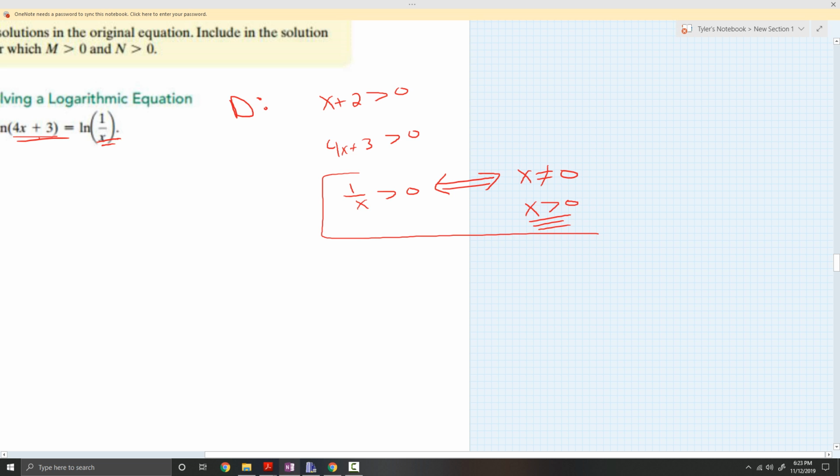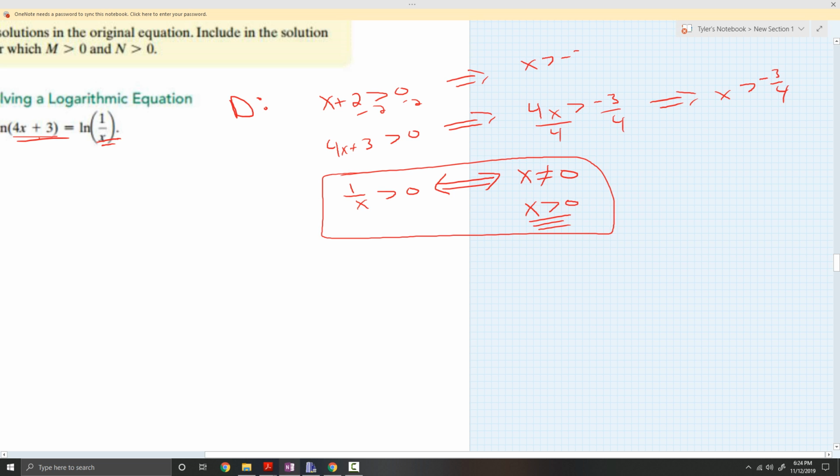For the 4x plus 3 logarithm, if we subtract 3 from both sides, I have 4x greater than minus 3. Dividing both sides by 4 gives x greater than negative 3/4. For x plus 2, subtracting 2 from both sides gives x greater than minus 2. So these are my 3 constraints for x.